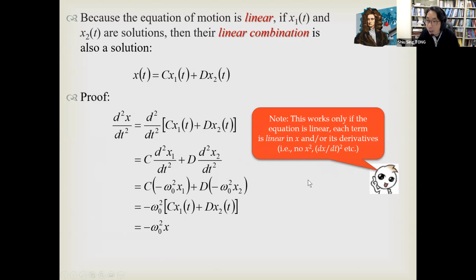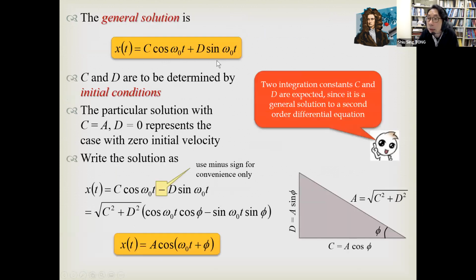You do not have a square, or a multiplication of x with dx dt, and so on. That is called a linear equation, and it has such a property: if you find two solutions to a linear equation, then a linear combination of the two solutions will also be a solution. In fact, in this case, the linear combination is the general solution for this equation.